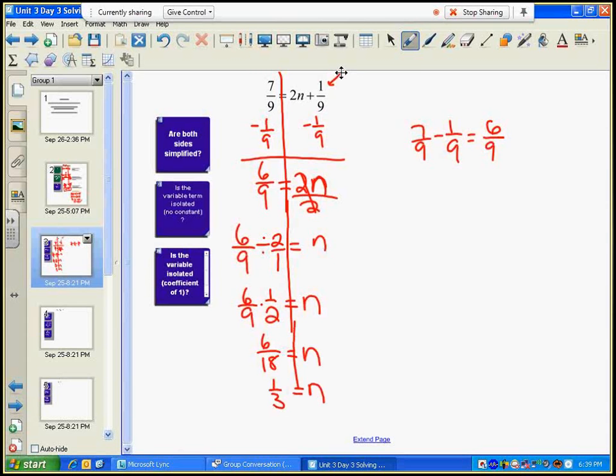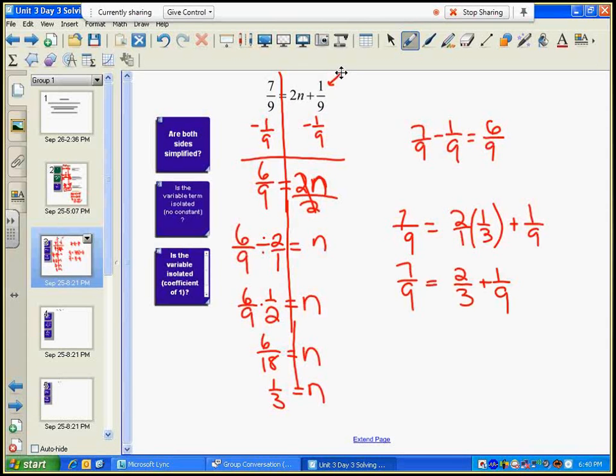So I'm saying that 7/9 is equal to 2 times 1/3 plus 1/9. Okay, so I'm going to multiply first. 7/9 equals 2/3 plus 1/9. I just multiplied 2 over 1 times 1 over 3.